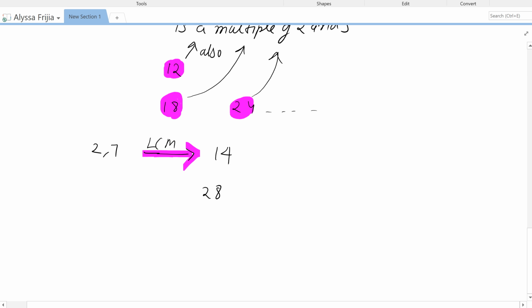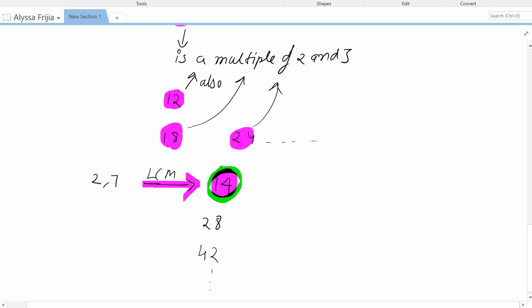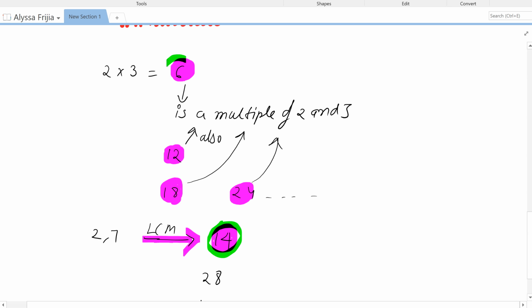Can you give me any other? 42, yes. 42 is divided by 2 and 7, and so on. Many numbers. So we concluded that this number is the least common multiple, and in the previous question, that was the least common multiple. Good?